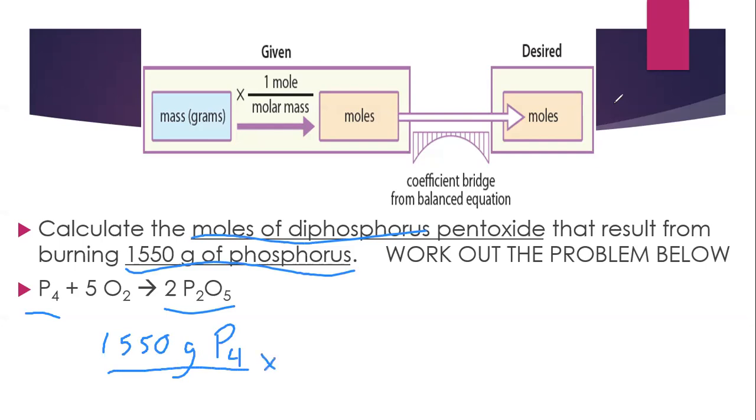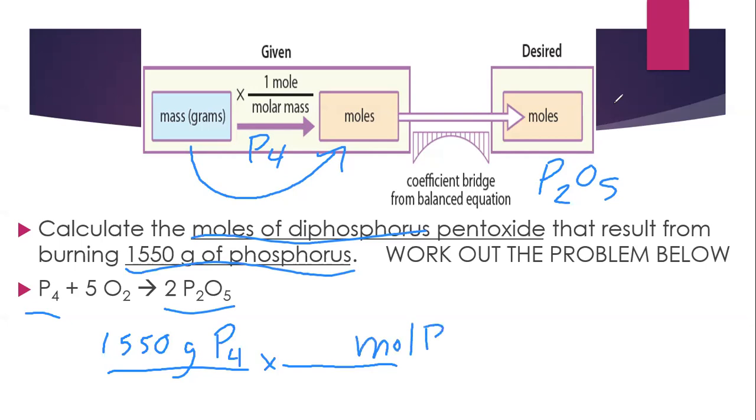We're starting here at mass, and our first step is going to moles of P4. So this side is P4 and this side is going to be the P2O5. First, we change 1550 grams P4 to moles of P4. And remember, the bottom has to match units, so we're actually doing grams of P4.